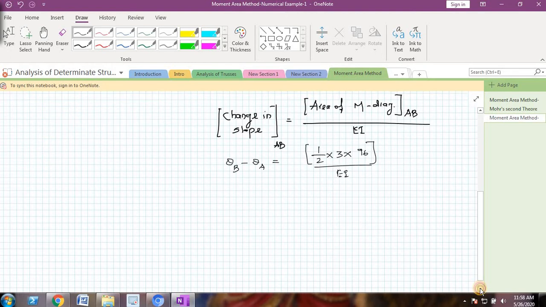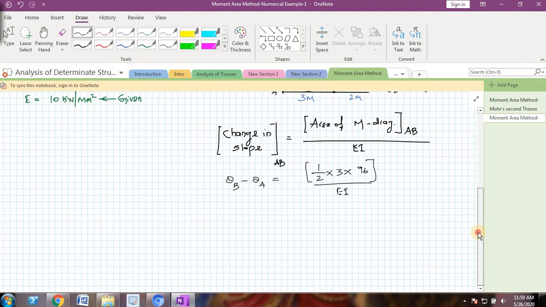Since theta A is 0, because A is a fixed support, theta B is equal to, if I solve this, 144 by EI. So this is the one which will give you the slope at B.